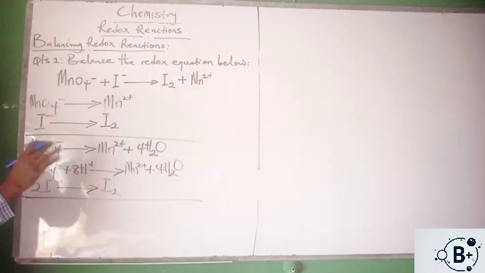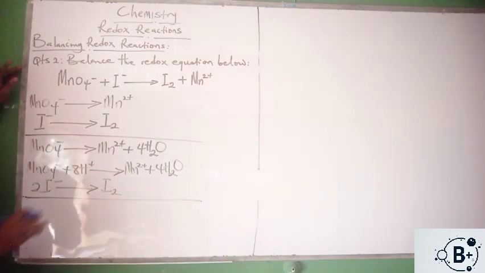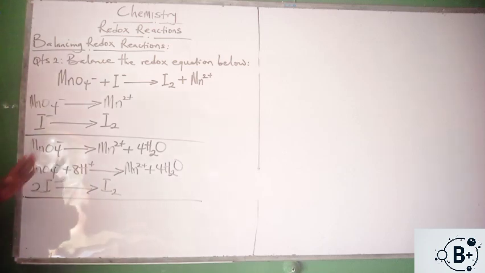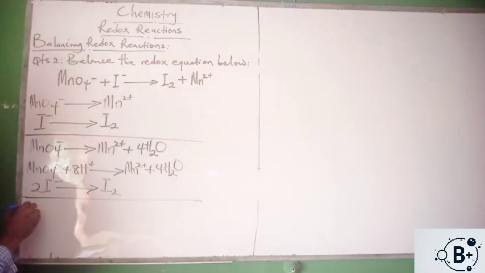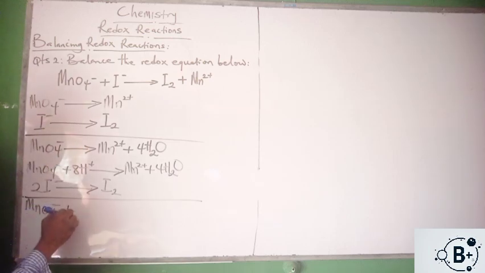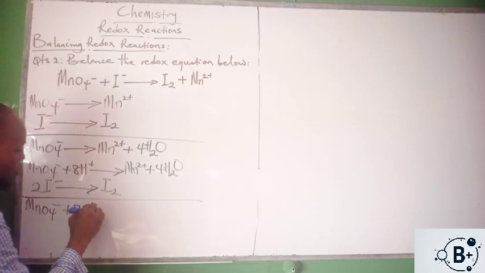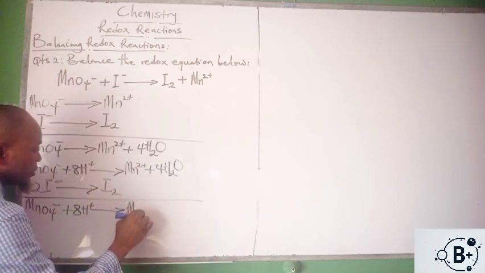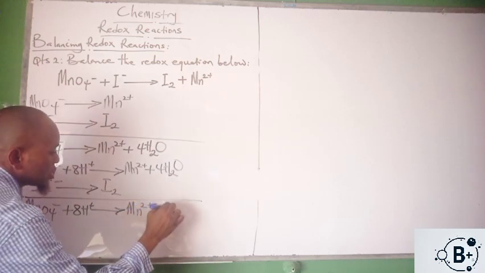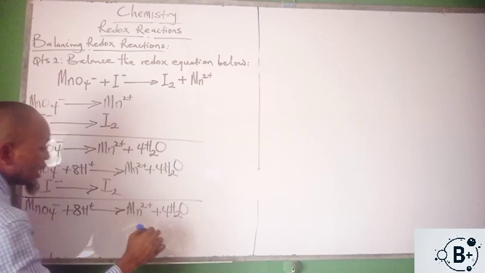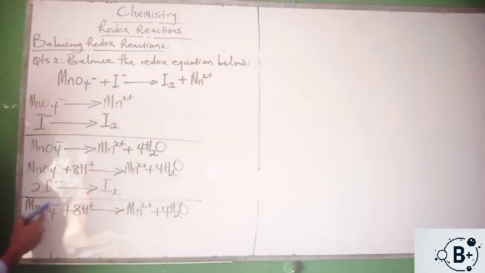Now that we have balanced all the atoms, we now balance their charges. Let's know the number of charges on the left hand side and on the right hand side. So quickly we say MnO4 minus plus 8H plus gives Mn2 plus 4H2O. How much charge do we have on the tetraoxomanganate?